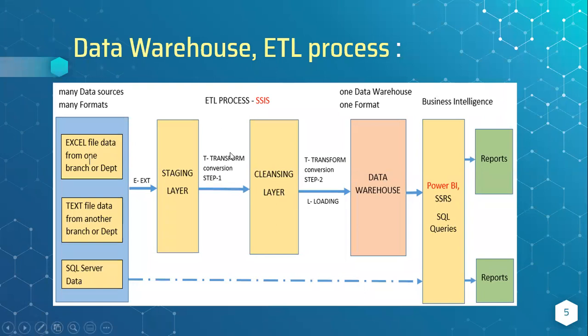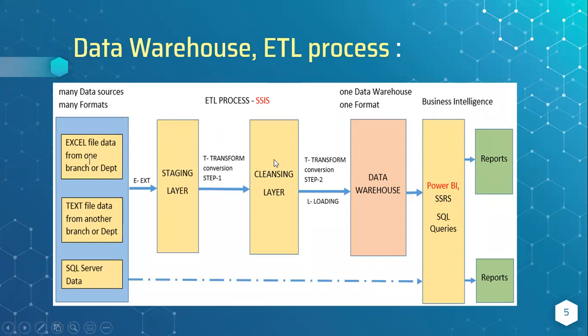So we are extracting data and writing into the staging layer. Again, we are reading data, applying some data transformations or conversions, that is step 1, and writing the result into the cleansing layer.